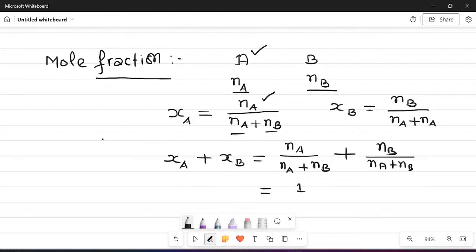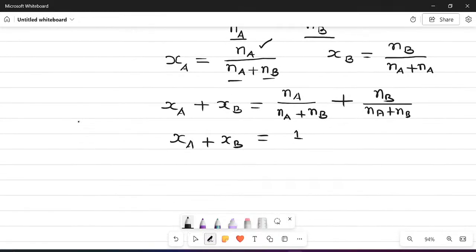So do remember, sum of mole fractions of all the components is equal to 1. Here we have two components. Suppose we have 3 components in a solution, in case of ternary solution, then xA plus xB plus xC is equal to 1 if there are three components present in the solution.